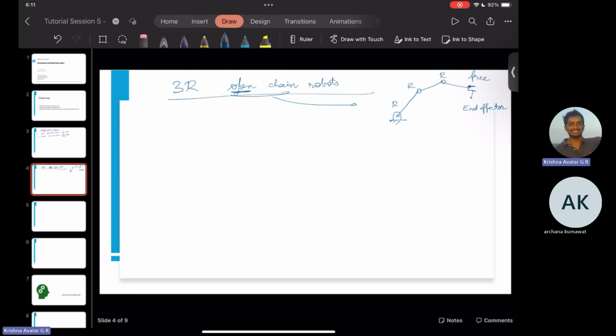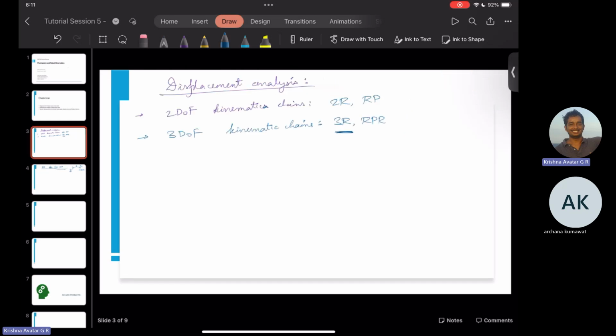Fine. As we had mentioned, there are two aspects in displacement analysis. One is what we call forward kinematics.